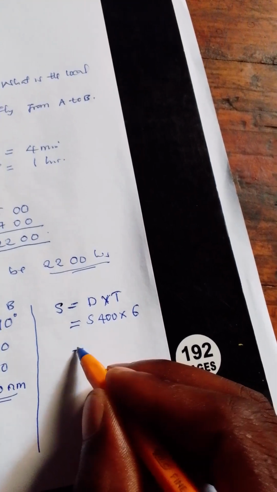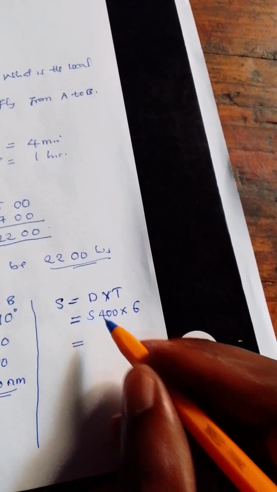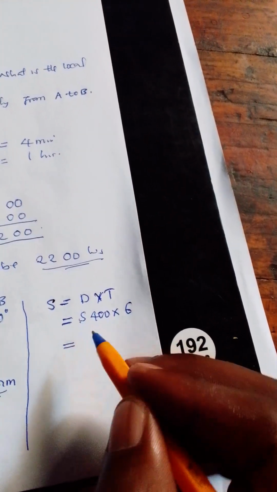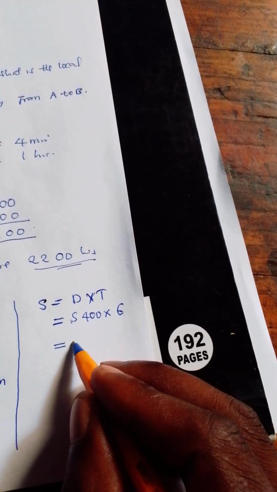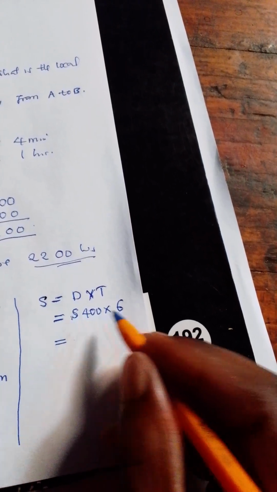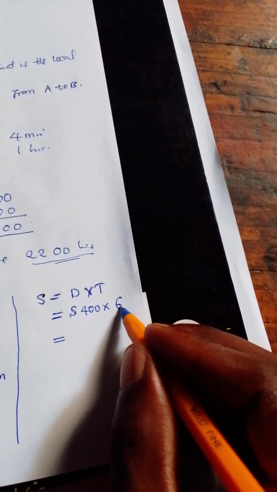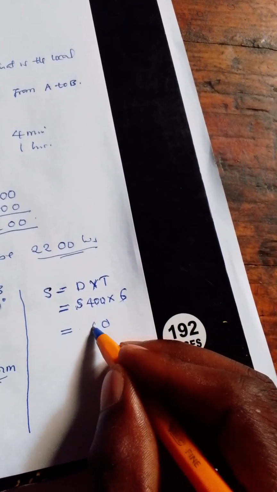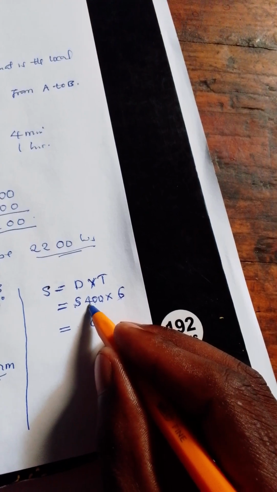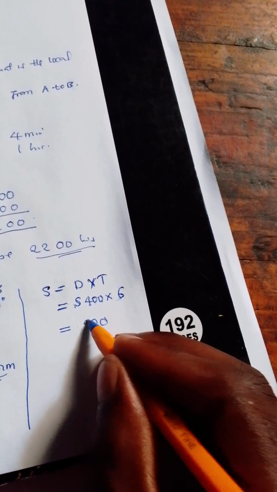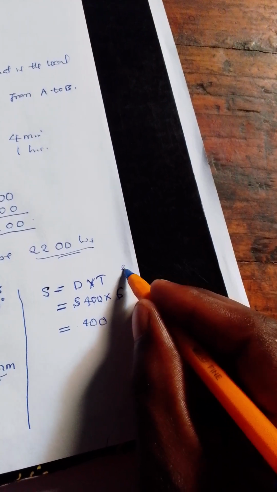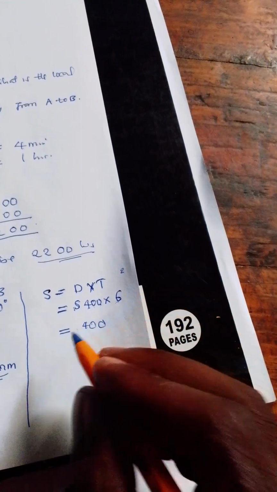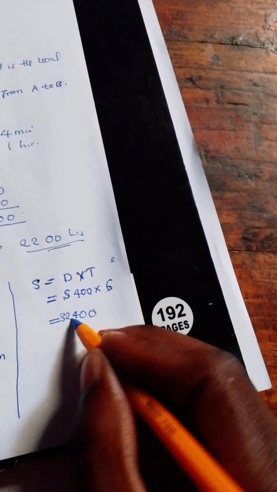So here we can easily do this division. 6 multiplied by 5 is 30. 6 multiplied by 0 is 0. 6 multiplied by 0 is 0. 6 multiplied by 4 is 24. 4 remainder 2. 6 multiplied by 5 is 30 plus 2, say 32.